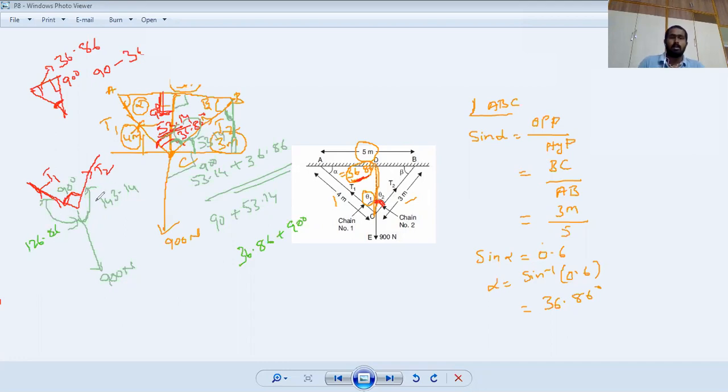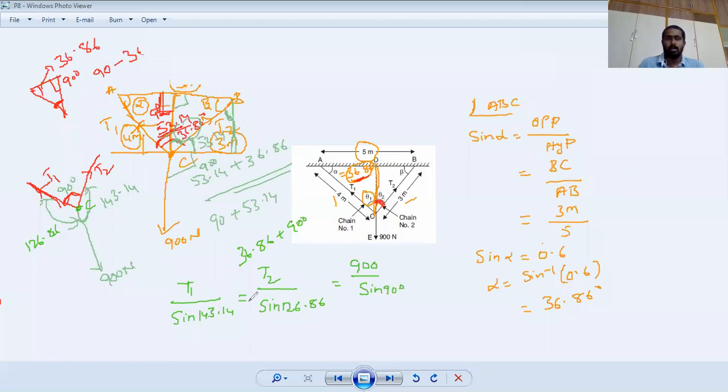Now apply Lami's theorem at point C. T1 divided by sin 143.14, next T2 divided by sin 126.86, is equal to 900 divided by sin 90.